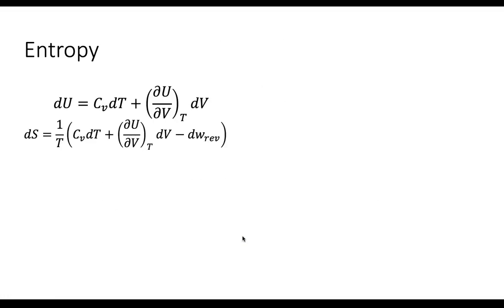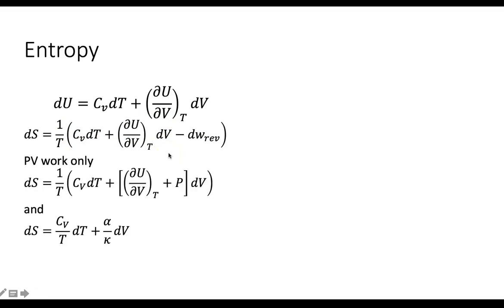Okay. So then we go to the next page and let's start with the differential for U. It can be CV dT and then this partial derivative. For an ideal gas, this partial derivative is 0. We've already worked with that. And so then we take from our last equation, we take dS, we plug this in for dU, right? And we're left with this expression.